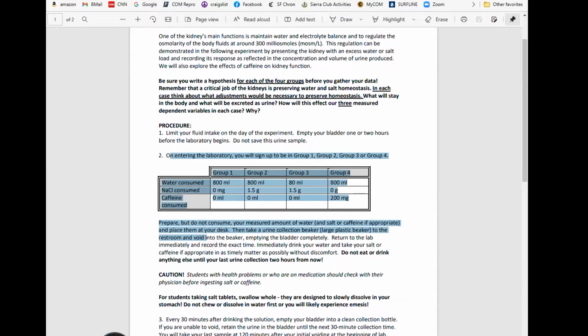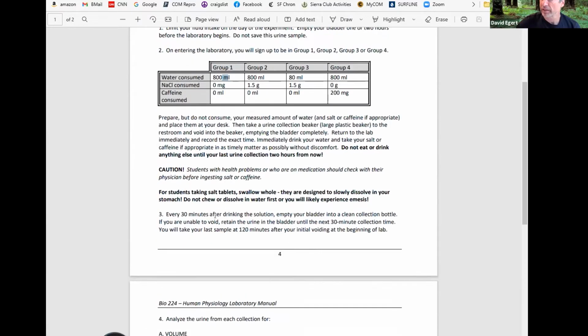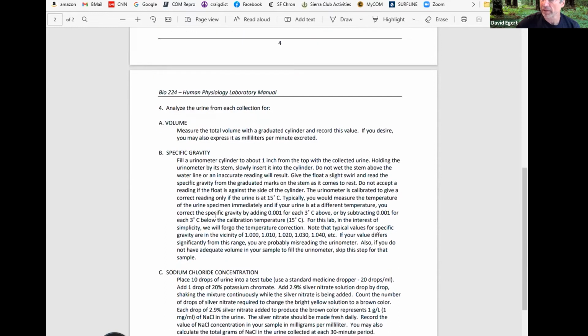Like what is actually being consumed? Right. Well, we know what's being consumed. So how is that going to affect these dependent variables? Are you asking us to take a shot at a specific mechanism, or just say in general?